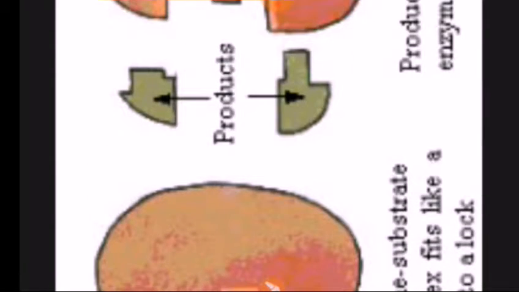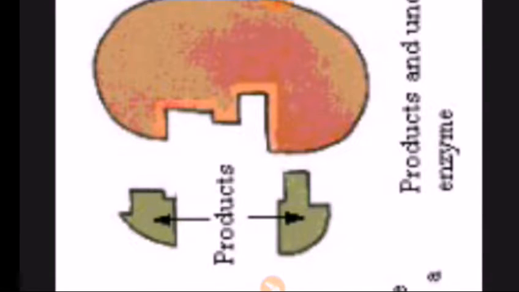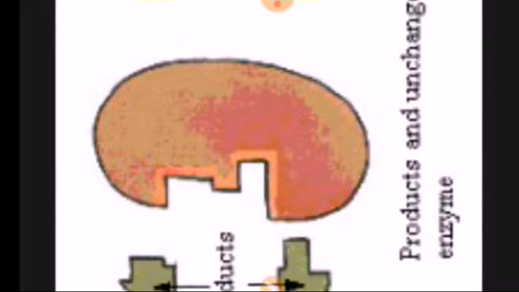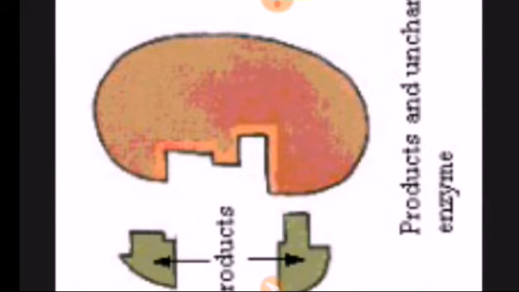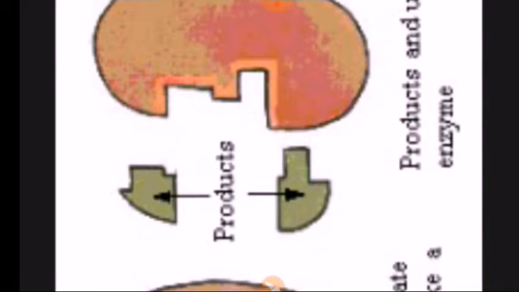And it becomes product. The enzyme product complex will break and become product and unchanged enzyme. This is the unchanged enzyme and these are the product.